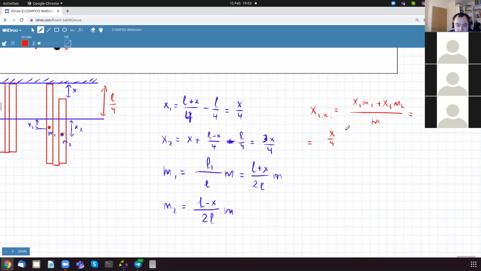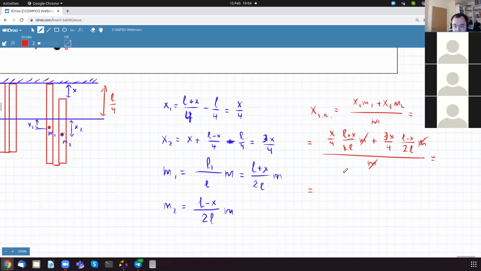M1 is L plus X over 2L M, plus 3X over 4 times L minus X over 2L M, divided by M. So M cancels conveniently, and we have the movement of the center of mass.